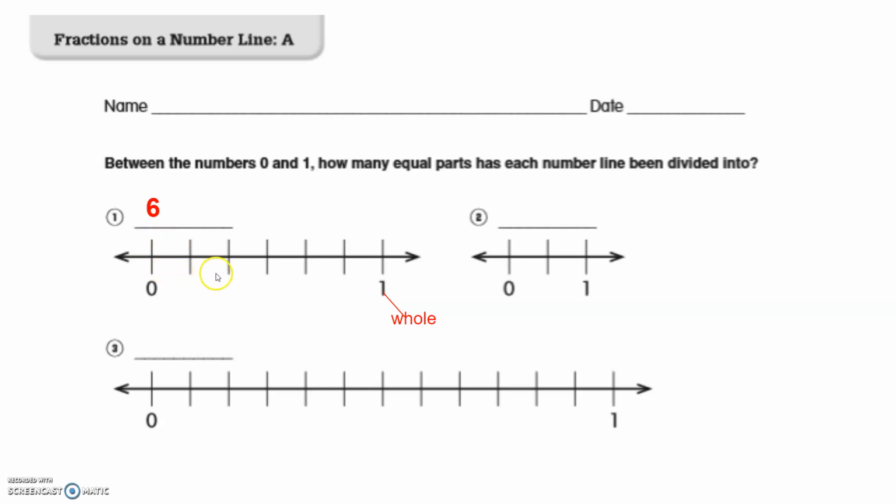They're the same size. And so this 0 to 1 is the whole size. Remember the word whole? Okay, number 1 is whole. Okay, so let's take a look at number 2. We have 1, 2. 2 spaces, 2 equal parts.